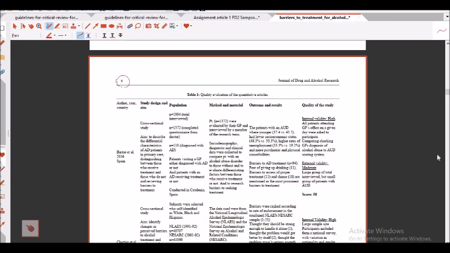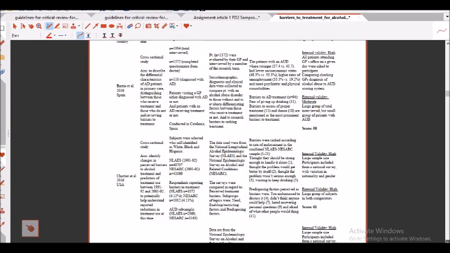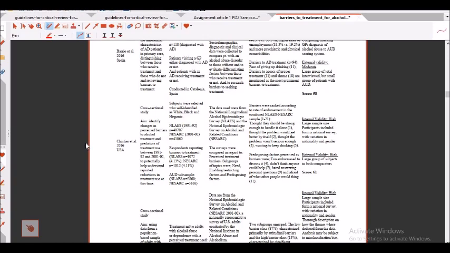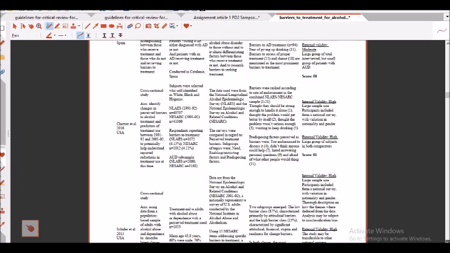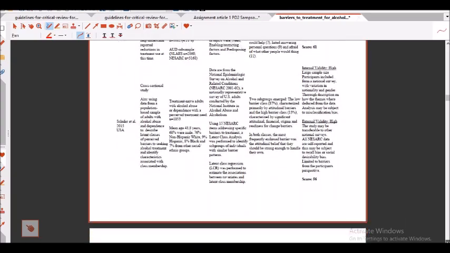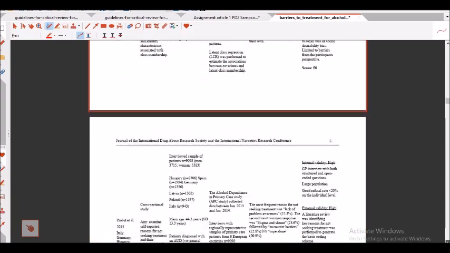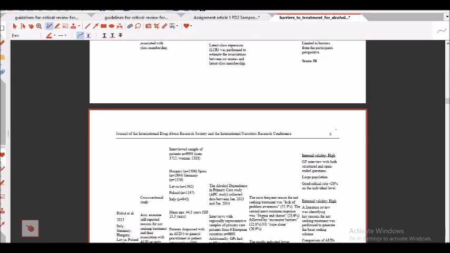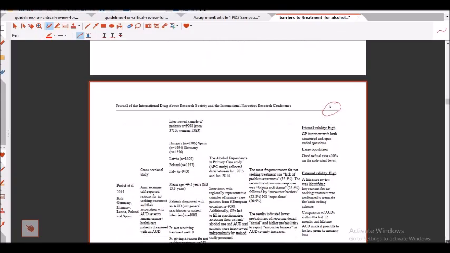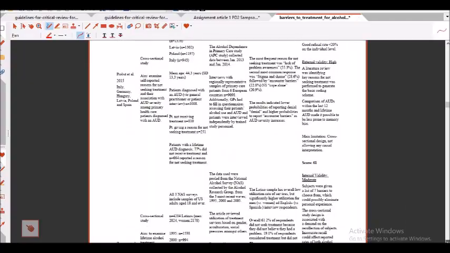Now you see, it is starting on page number 4. Just see, I'm scrolling down to show you how much time he must have taken, and this is the citation of the article. So let me just go through it immediately. This is the first page, 4, and this is the second page.